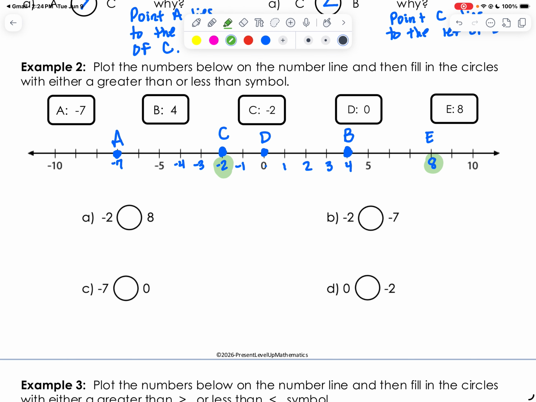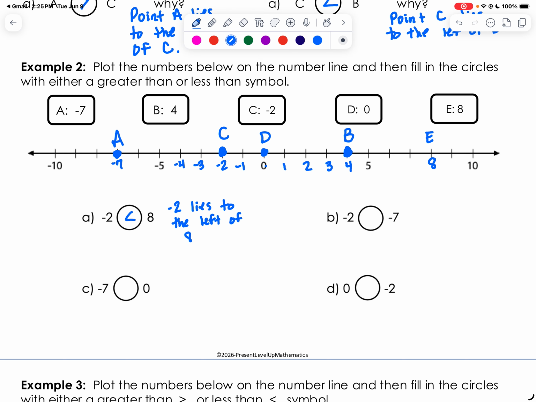Because -2 lies to the left of 8, then we would say it is less than. -2 is less than 8. So -2 lies to the left of 8.